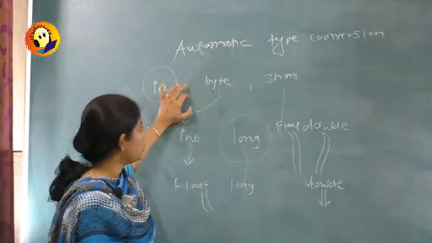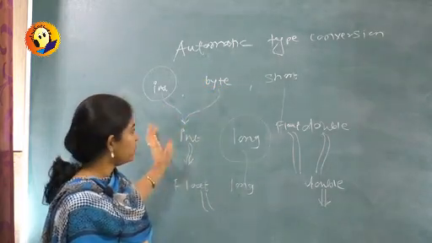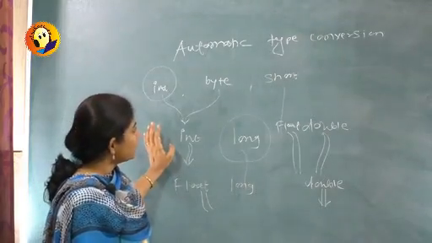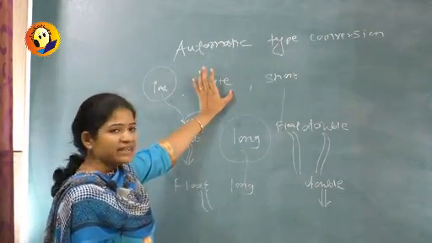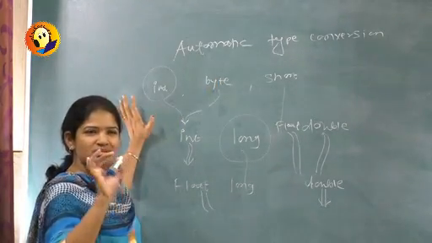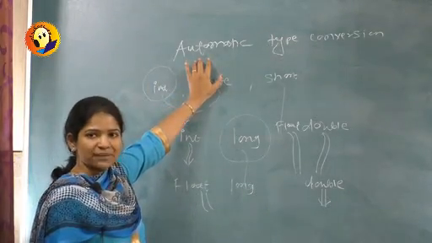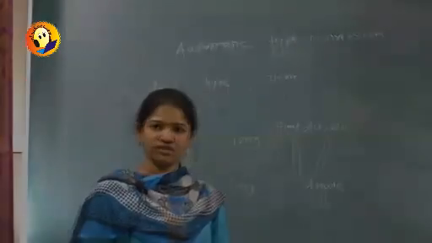Byte is automatically converted into integer, short is automatically converted into integer. Rather, if we want to specify it, smaller data types are always converted into larger data types. This is the simple thing that we need to remember in this type conversion. So this is about automatic type conversion.